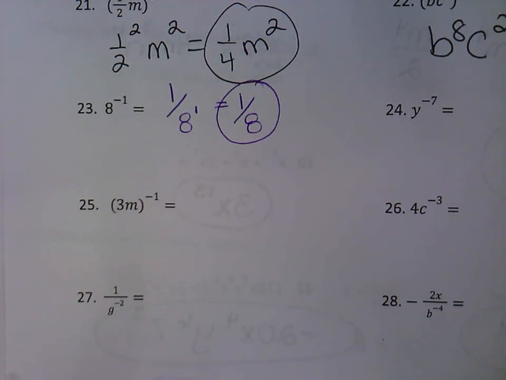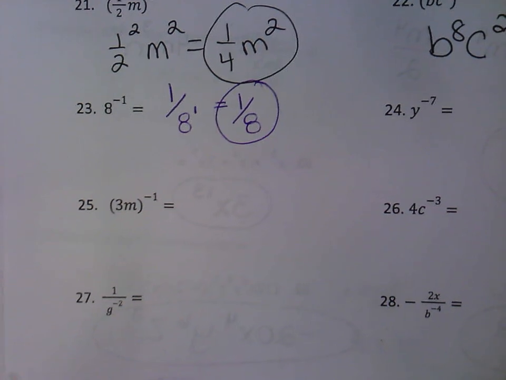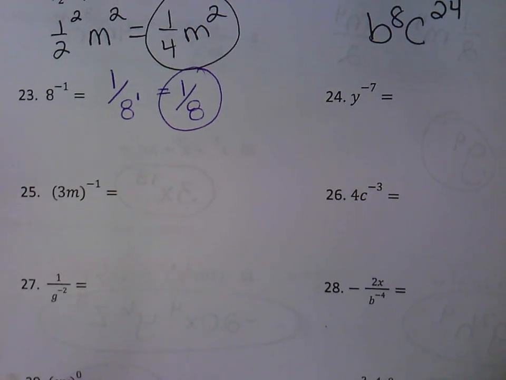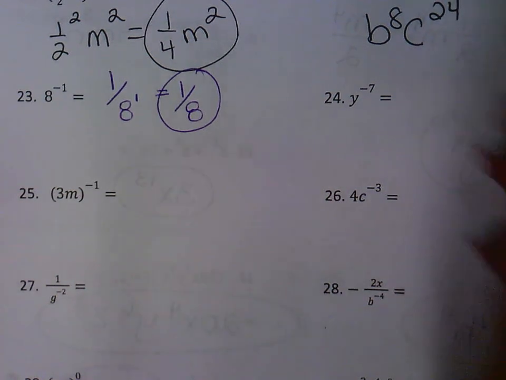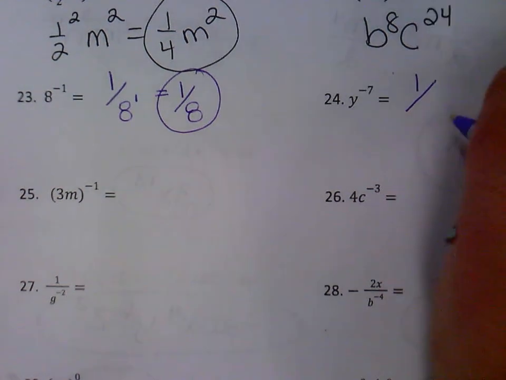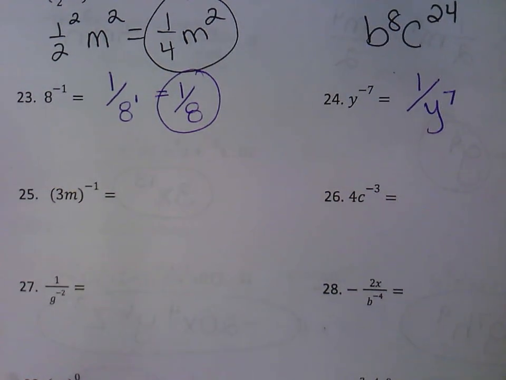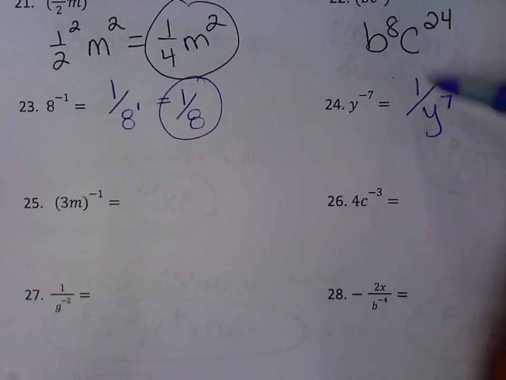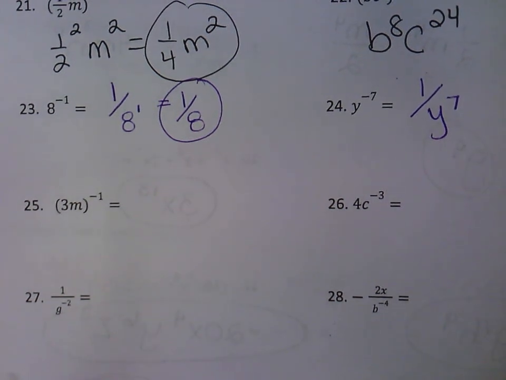On 24, how would I write that one as a positive exponent? So 1 in the numerator, and then that whole thing, y to the -7, moves to the denominator and becomes a happy y to the 7th. So you flip the line and change the sign. So you're flipping up down over this line and you're changing the sign to positive 7.